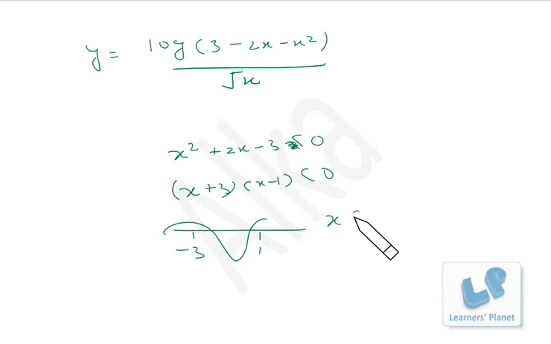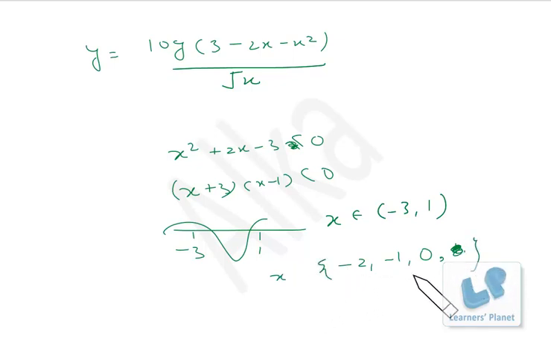So x should be between minus 3 to 1, right? So if you are looking at the integral values, x can take minus 2, minus 1, 0, or not even 1. So x is these three integral values, minus 2, minus 1 and 0, because minus 3 and 1 both of them are excluded.